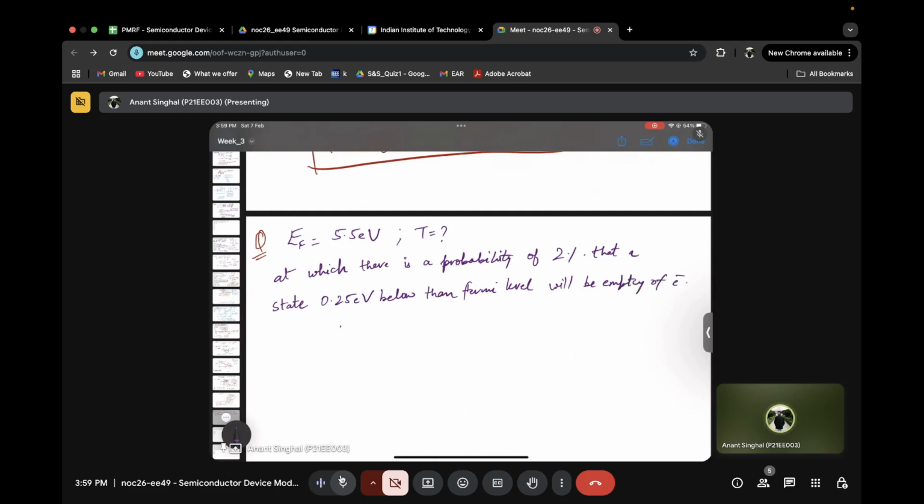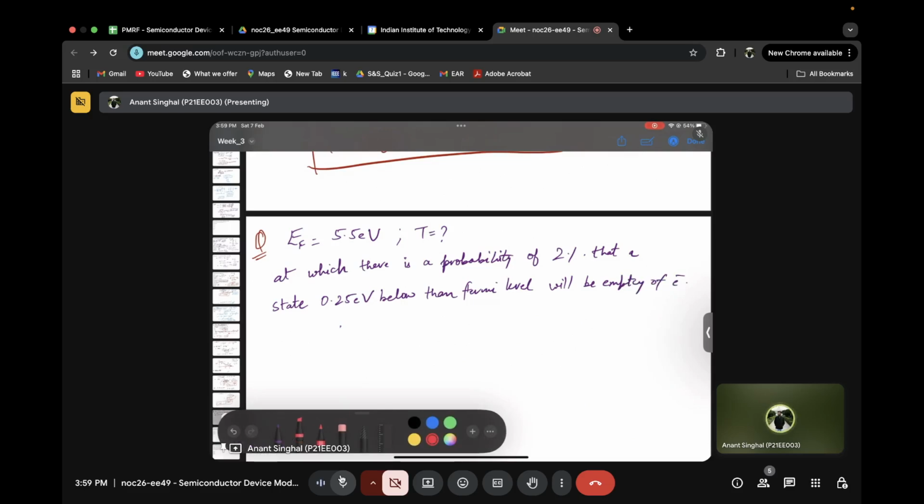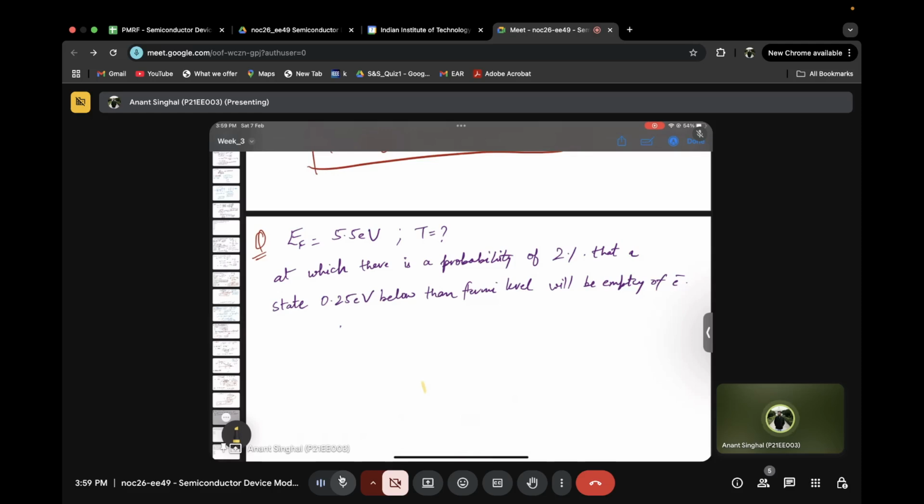So let me reiterate the question. I have given you a Fermi level. I want a temperature at which there is a probability of 2% that the state which is 0.25 below the Fermi level will be empty of an electron. So the keywords in this problem are: empty of an electron, 0.25 below the Fermi level, and the Fermi level.